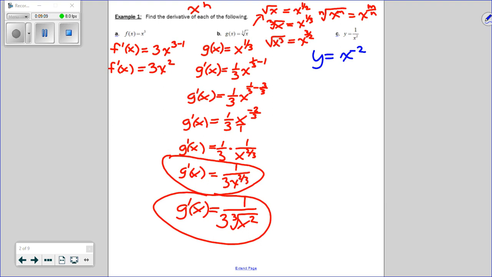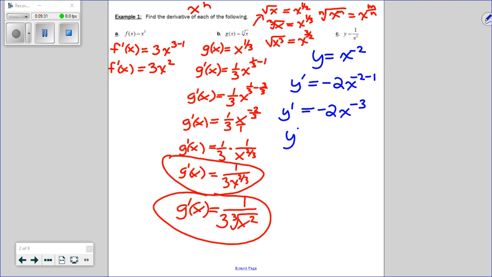And we can apply the power rule to negative exponents. Okay, so in this case, y prime would equal, we're going to bring the -2 down in front, times x to the -2 minus 1 power, which is going to simplify to -2 times x to the -3 power.